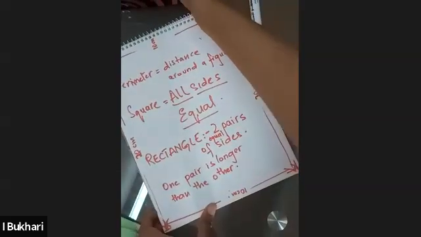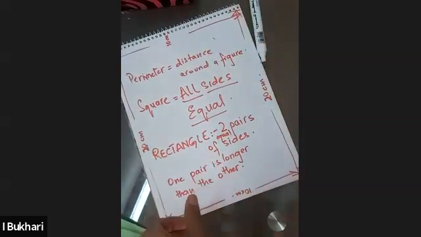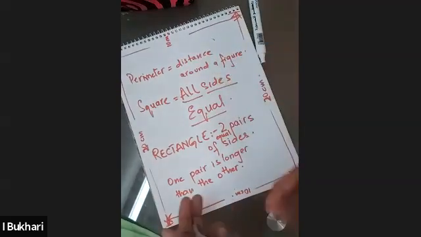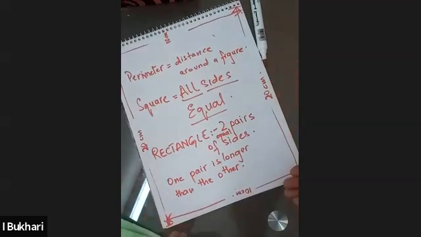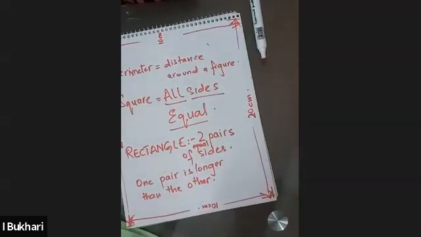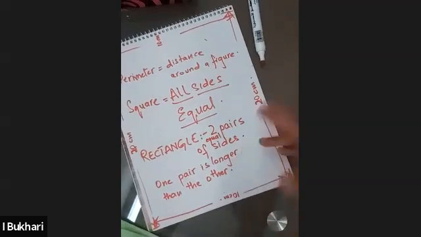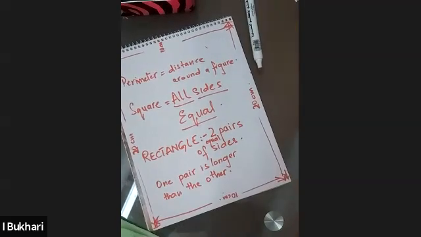Sometimes they confuse you. They tilt the rectangle in questions. They want to trick you. But you have to decide which side is longer. The longer side will be the length and the shorter side will be the width. But this should not affect your answer because in any case, you have to add them up to calculate the perimeter and you have to multiply them in case of area.